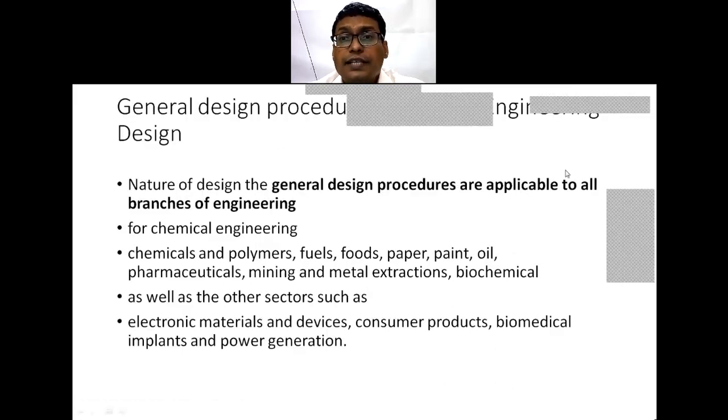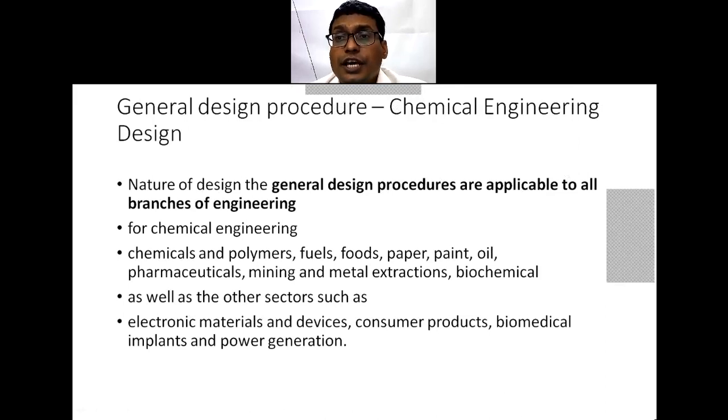So the general design procedure, which is the chemical engineering design procedure, can be applied to all branches of engineering, where everywhere you require management, economical aspects, and engineering aspects. From this we are focusing on chemical equipment of chemical industries.